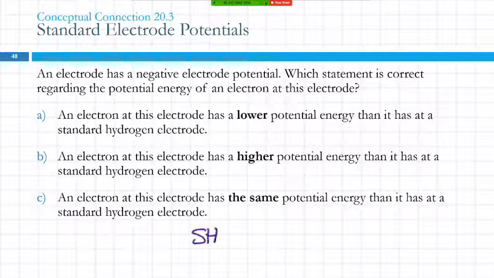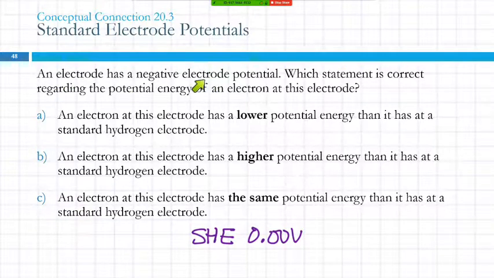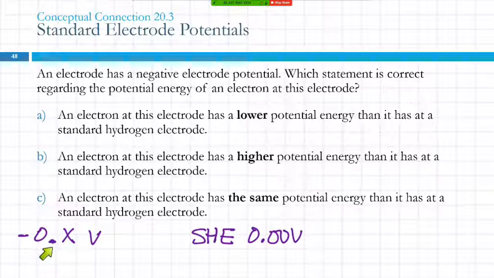So here we have our SHE, and that's 0. This is telling us that this electrode has a negative potential. So our electrode is negative 0.x volts. Actually, I don't like the x.